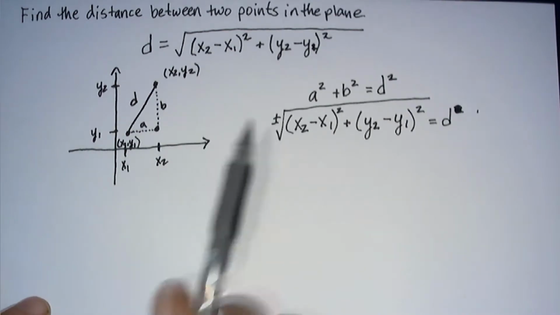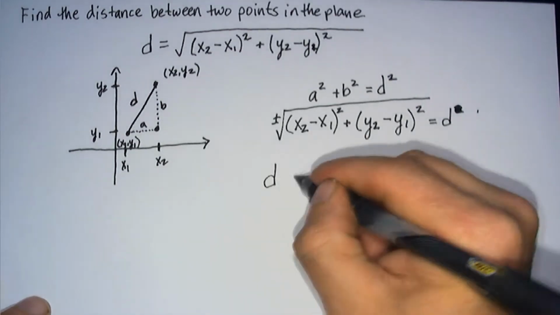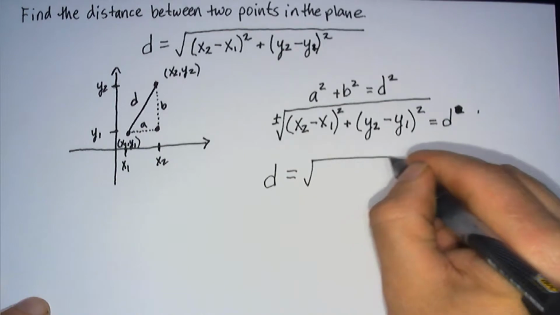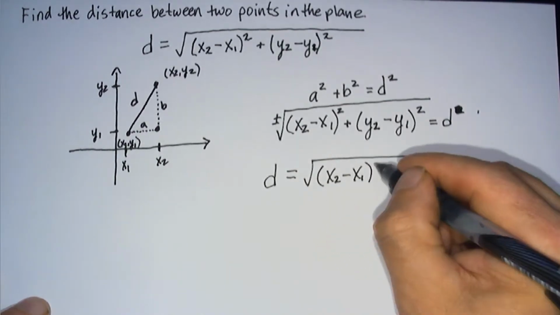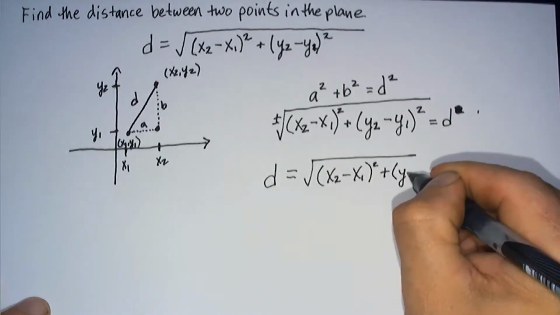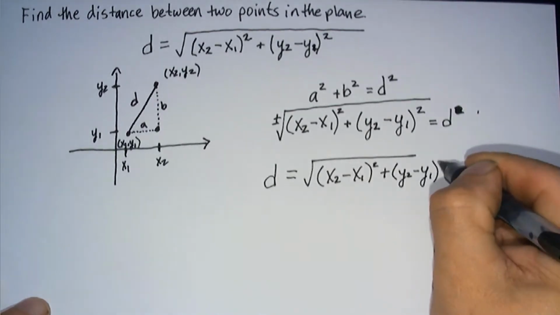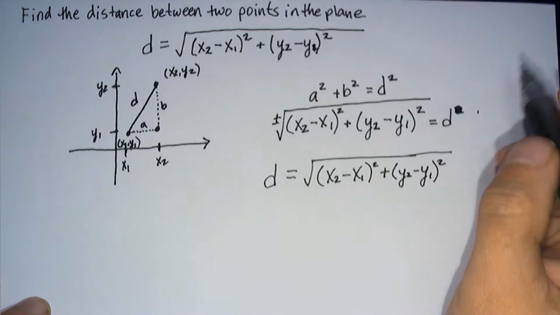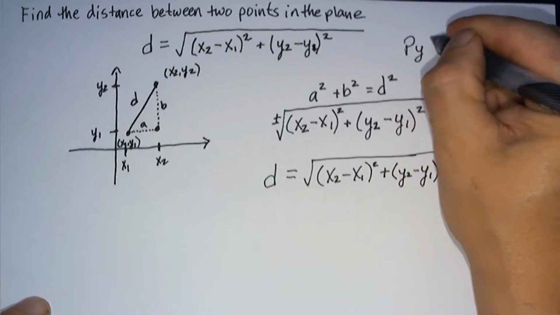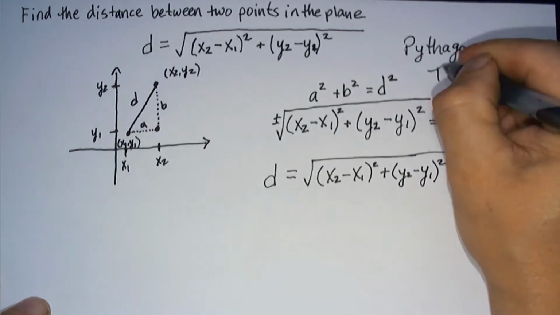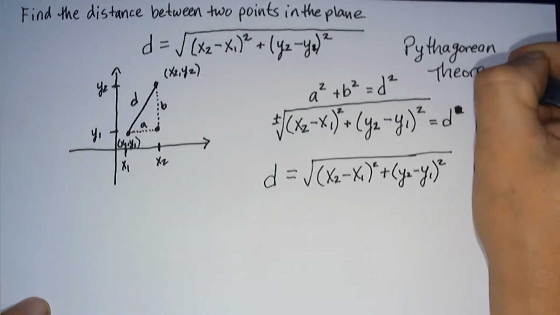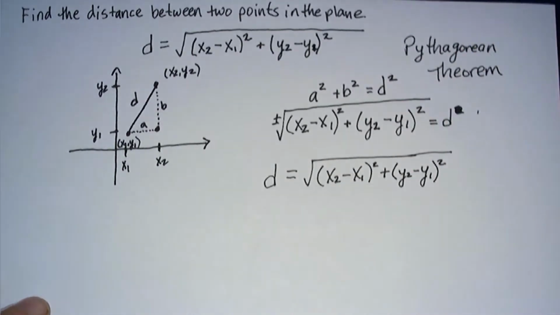Physically, distance can't be negative, so we simply state that the distance is the square root of x2 minus x1 squared plus y2 minus y1 squared. And in a nutshell, this is Pythagoras's theorem. The distance formula is the Pythagorean theorem in the coordinate plane.